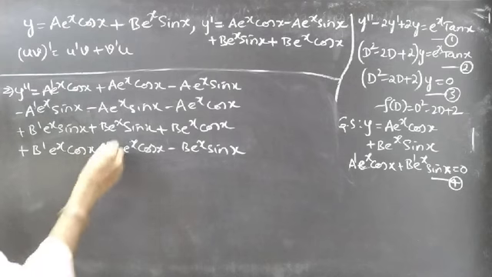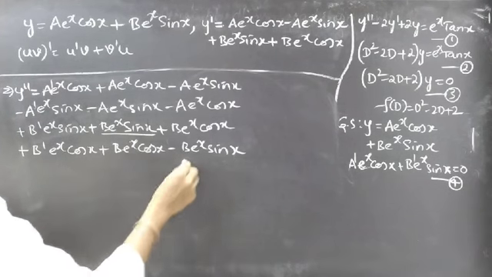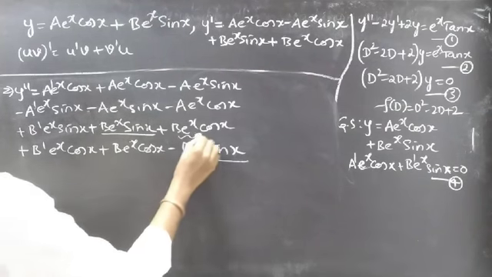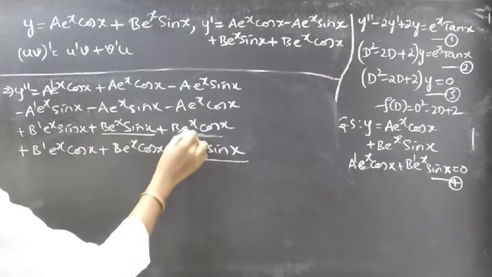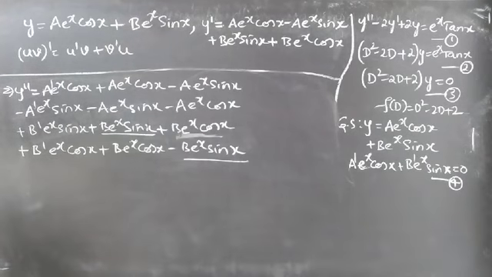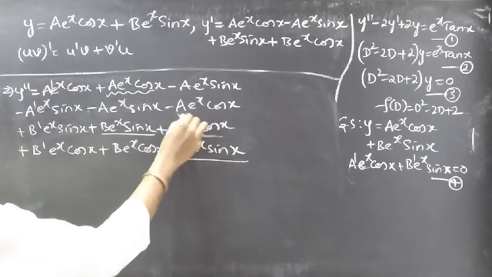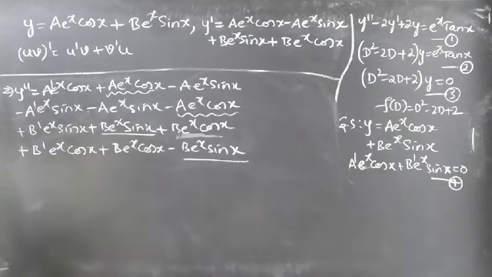So here plus b e power x sin x minus b e power x sin x gets cancelled, and plus a e power x cos x and minus a e power x cos x gets cancelled.